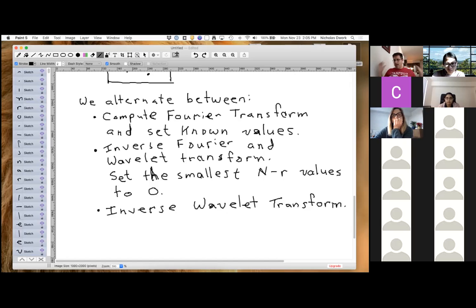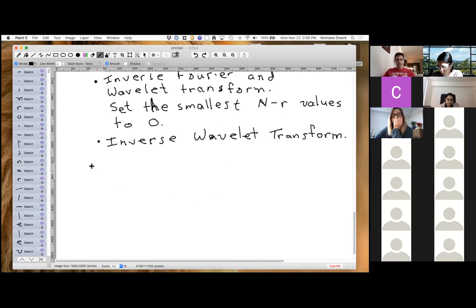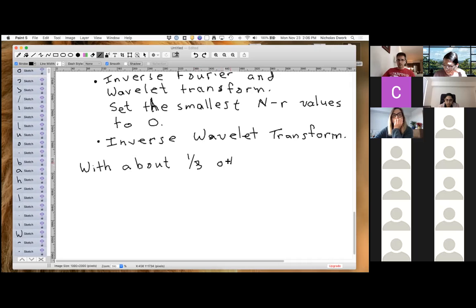And this, absolutely amazingly, with about 1/3 of the data, this recovers the image perfectly.